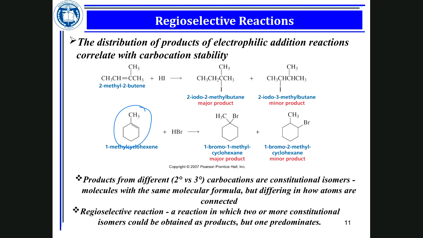For cyclohexene, it is again the same. This is just repeating so often that it kind of sinks in. It's easy for you to just look at this structure without thinking and say, okay, hydrogen is going to be added to this carbon, and bromine would add to the other carbon.